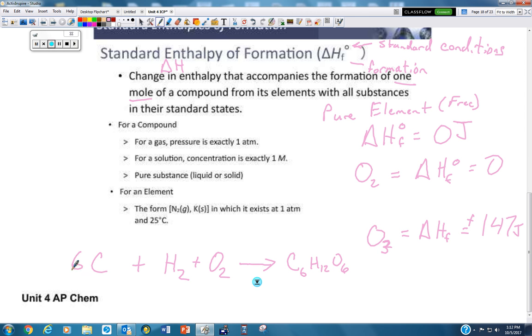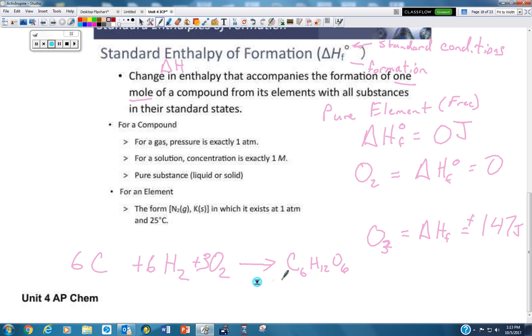It's going to take 6 carbons, 6 hydrogens, thank you, and 3 oxygens. So let me erase that and make that more clear. So yes, we need 6 hydrogens because we need 12 of that. All right, so that's heat of formation for that.